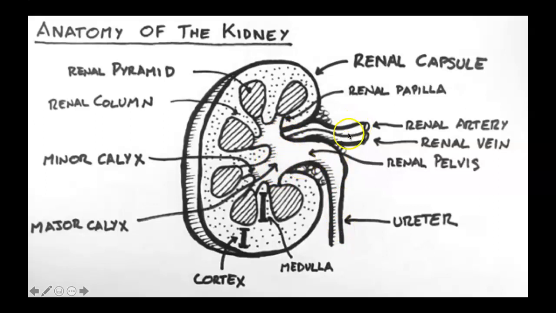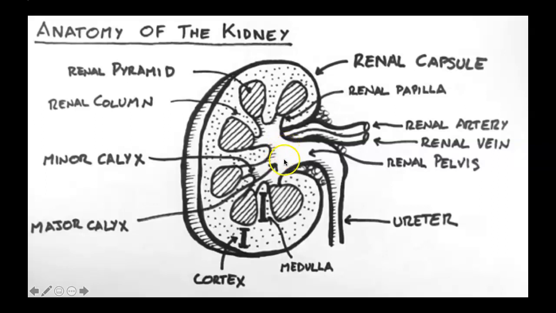So urine comes in as blood, technically. Blood comes into the kidney through the renal artery, works its way up into the nephrons, which are sitting between the cortex and the medulla. And then, of course, that blood gets filtered through the nephrons. The waste products are released from the collecting duct of the nephrons, and they work their way through the renal pyramids, down the calyces, the minor and the major calyx, and get emptied into the renal pelvis.